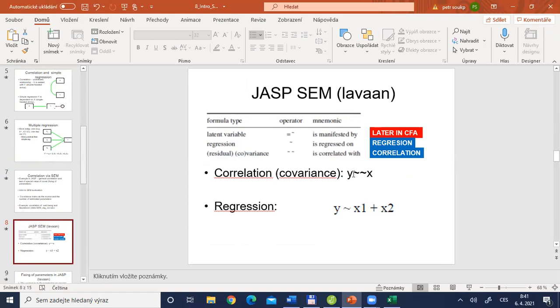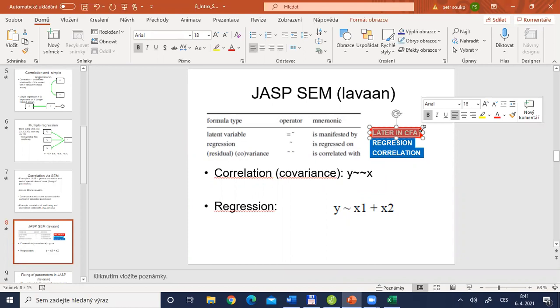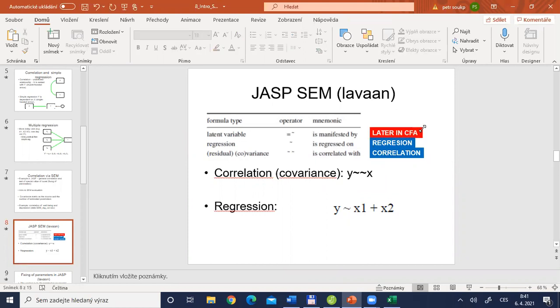For correlation, two tildes. And later, we don't need it today, but later for confirmatory factor analysis, we would also recognize there is one more symbol, which is an equality sign and one tilde. So we will apply these symbols for confirmatory factor analysis. So that's only how we can prepare models.